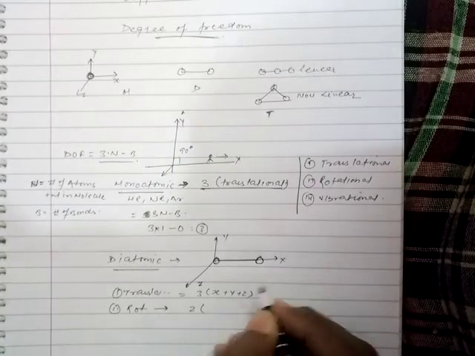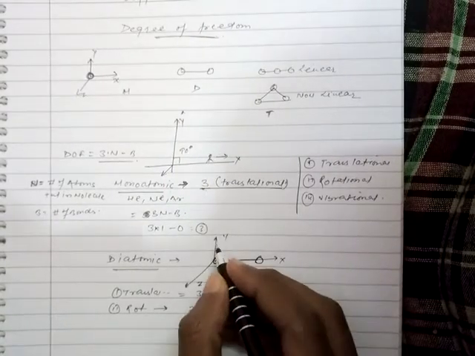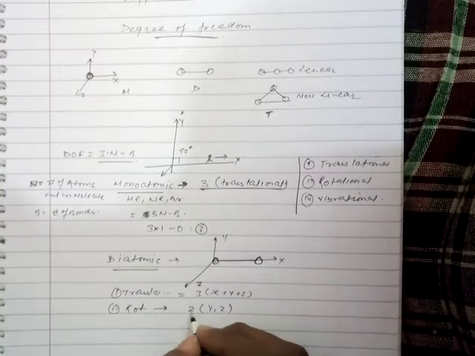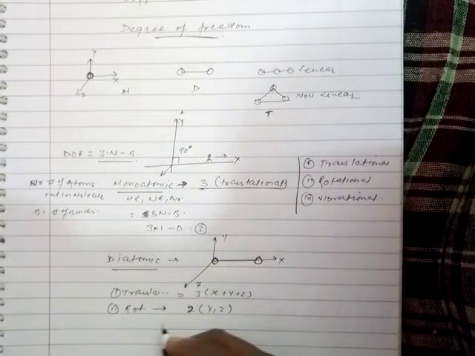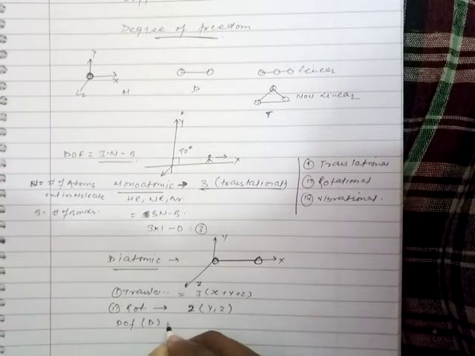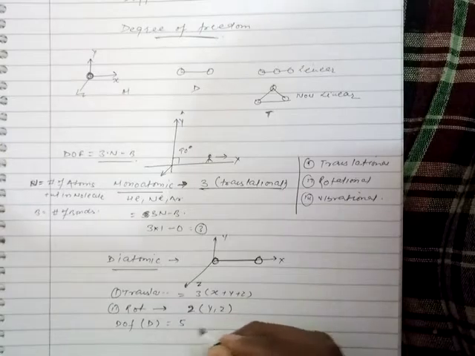If the body is present along the x-axis, it could rotate along y or z. If the body is present along the y-axis, then it could rotate along z and x. So for this it is 2. The total degree of freedom for diatomic molecules is equal to 5: 3 for translational and 2 for rotational.